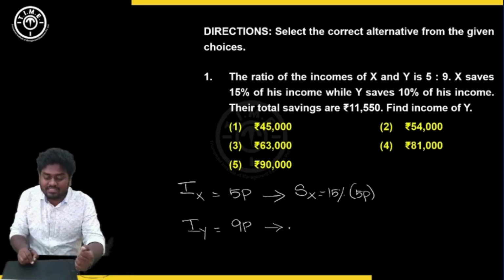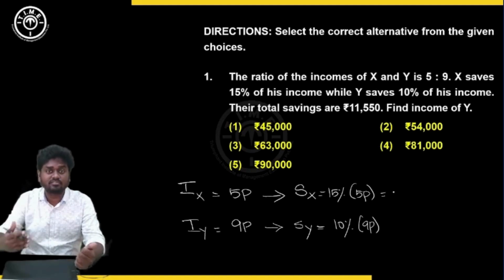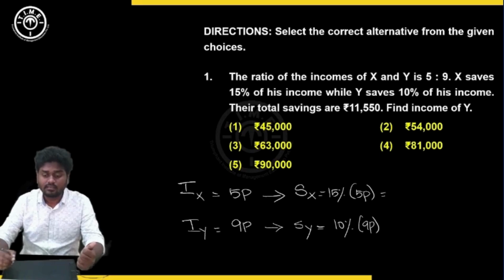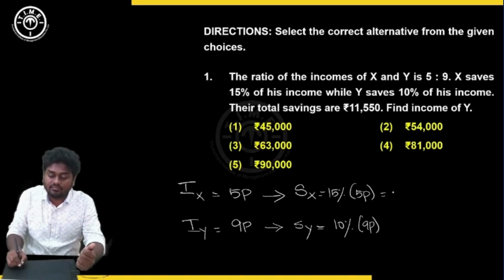Same way, the savings of Y is 10% of 9p. So how much is 15% of 5p? 15% of 5p we get 0.75p, and 10% of 9p we get 0.9p.